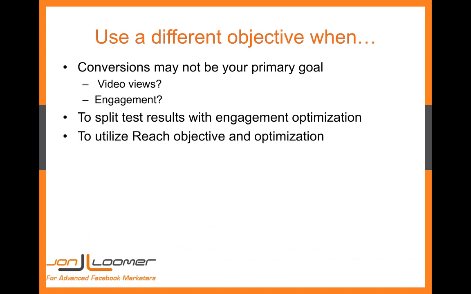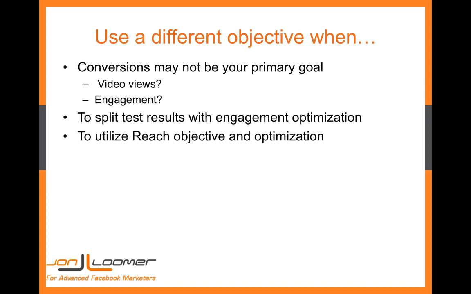Or if you want to utilize that reach objective and optimization, because like I said, that is something I've been doing. I'm doing it right now for people who registered for my Keys to Success Facebook webinar.